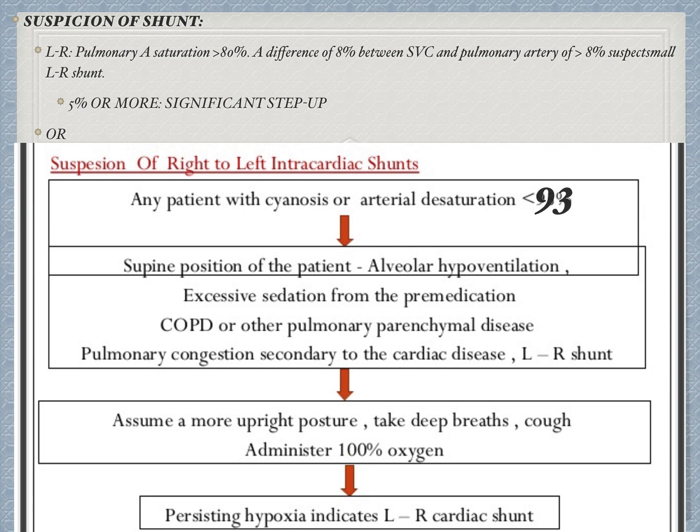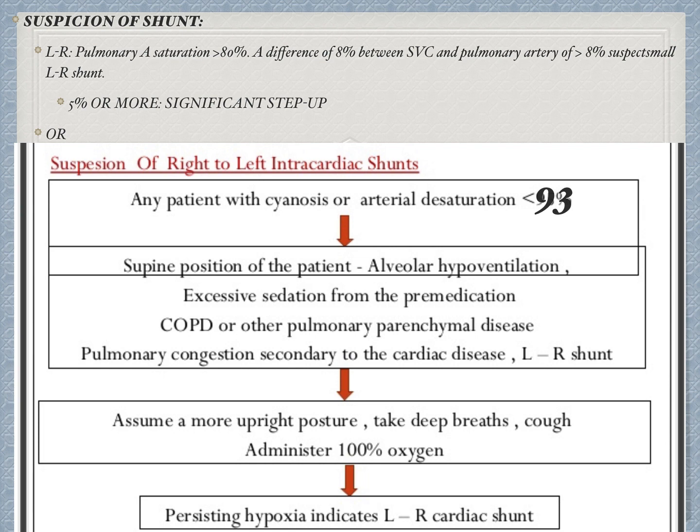Or when to suspect the right to left intracardiac shunt. This means that deoxygenated blood is going to the left, oxygenated side. What does this mean? That by mixing deoxygenated with oxygenated, you're lowering saturation.